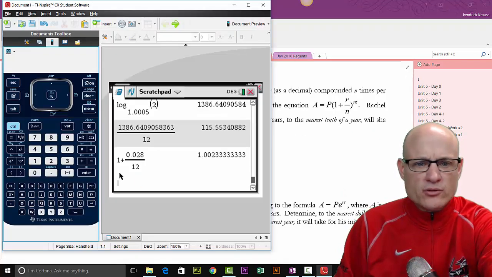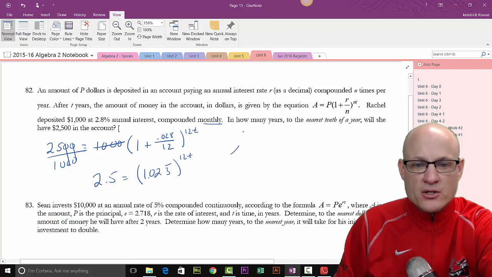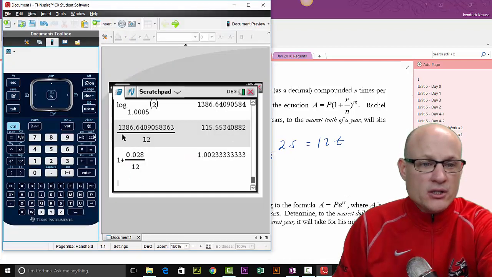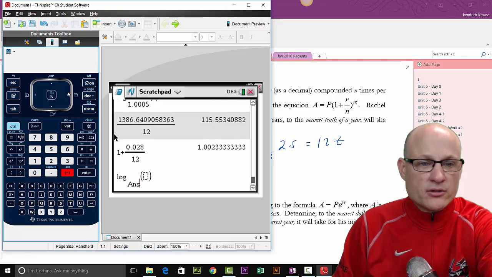So 1.023 repeating to the 12t. So log base 1.023 repeating of 2.5 is equal to 12t. So control log using the answer of 2.5, enter.